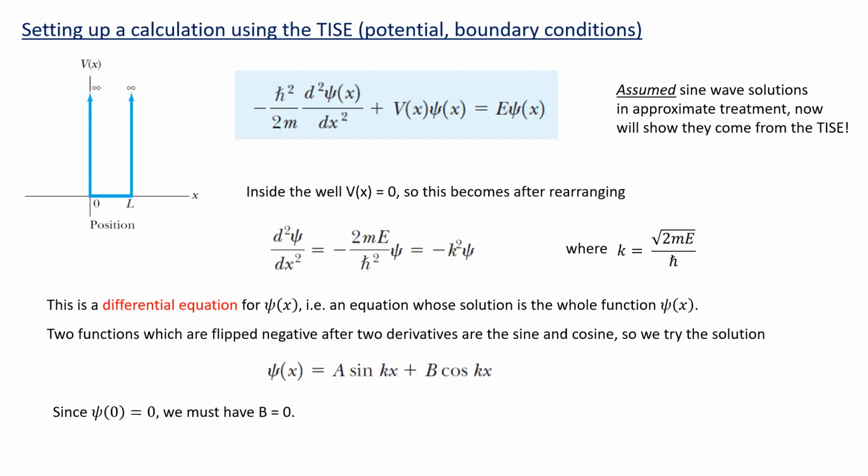And then the other boundary condition is psi of L, psi at position L, is equal to 0. For that, we know that we only have the sine term left, but that has to go to 0.